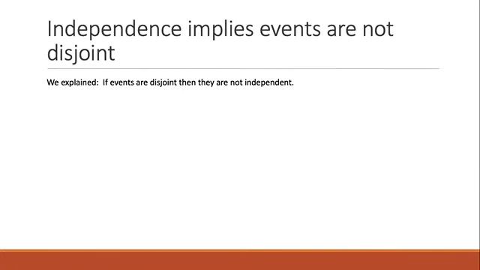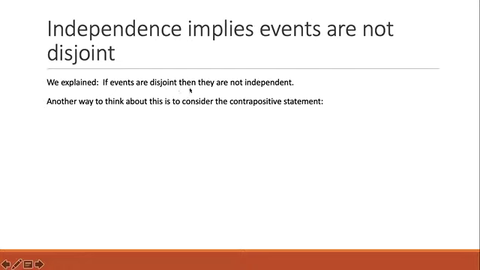There's another way to consider this. So we've already explained if events are disjoint, like we saw in the previous Venn diagram, then they can't be independent. Another way to think about this is to explore the contrapositive of this if-then statement. So another way to write this, a logically equivalent way, is to switch the hypothesis and the conclusion and then negate them.